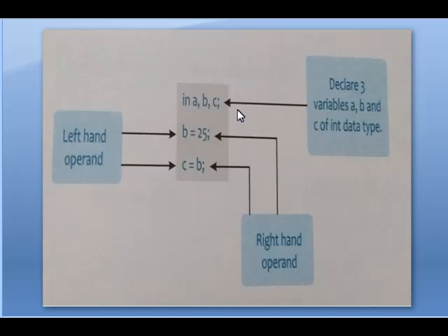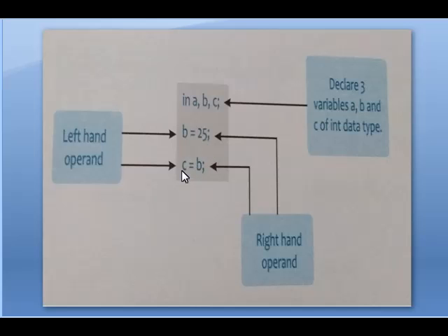See here, three variables are there. B equal to 25. So B is the variable that stores the value 25. So B is assigned the value 25. C equal to B. C is assigned the value of B. So these two are called operands: B and 25 are both operands.